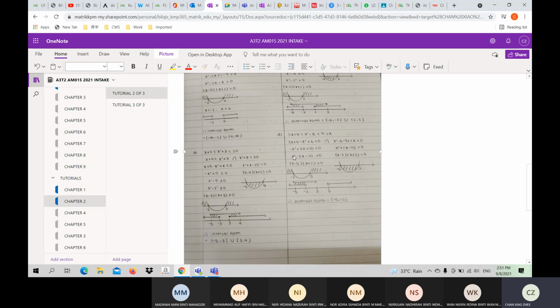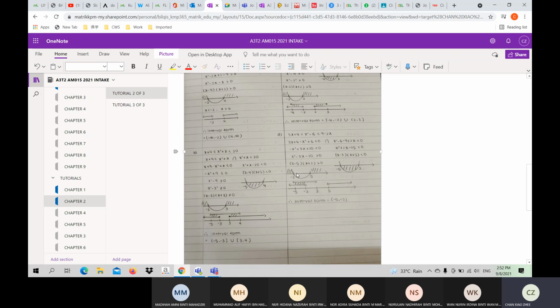So, kalau nak jadi minus x square jadi positif x square, sign ini, simbol ini smaller than juga akan tukar jadi greater than. So, tekan calculator x minus 5 times x plus 2 greater than 0.